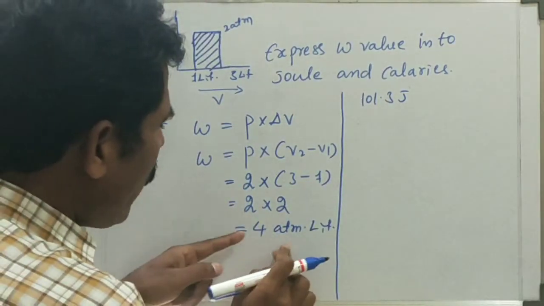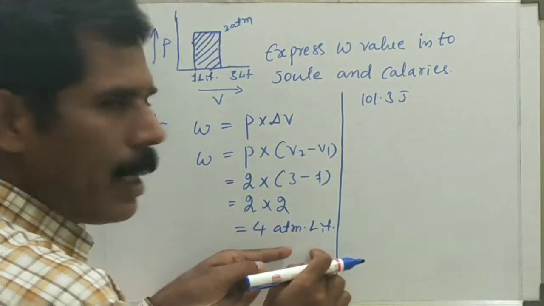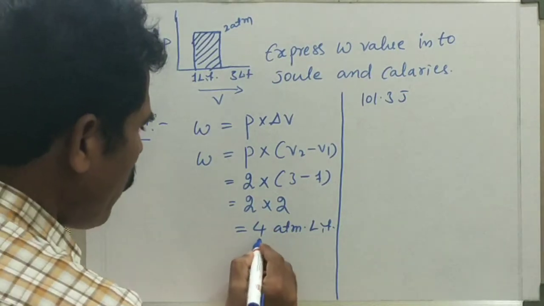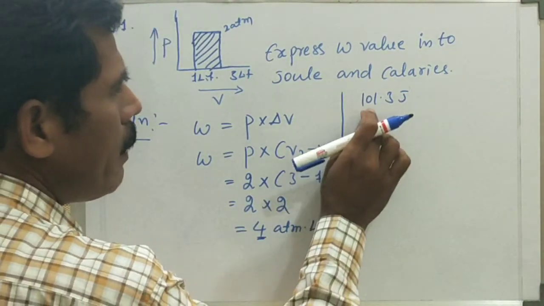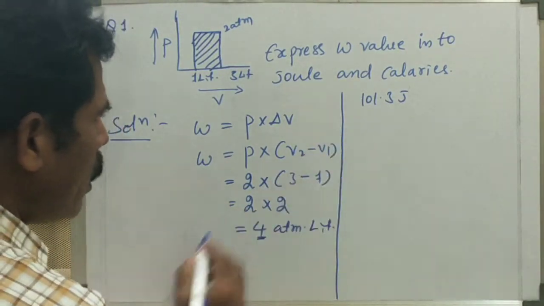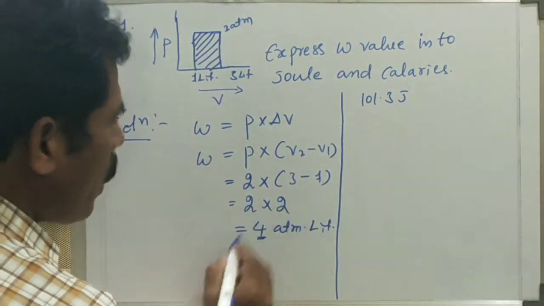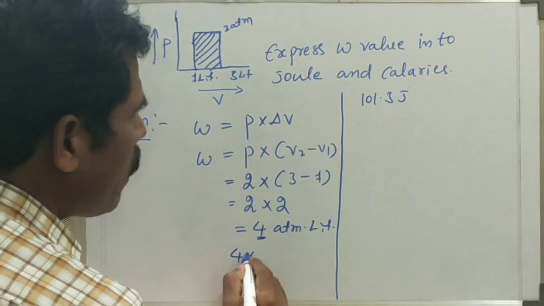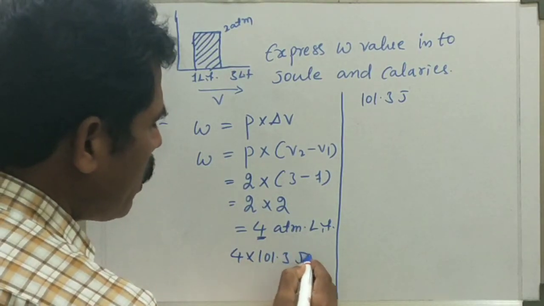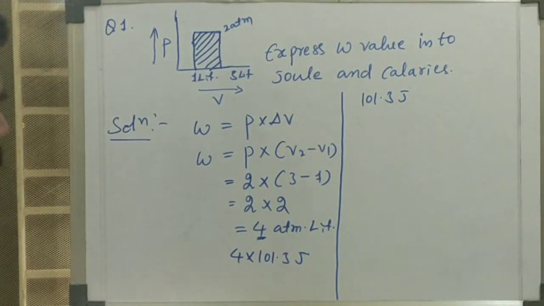The W value is in atmosphere liter; if you want to convert into joules, it is very simple. This 4 is multiplied with 101.3, so 4 into 101.3 joules.